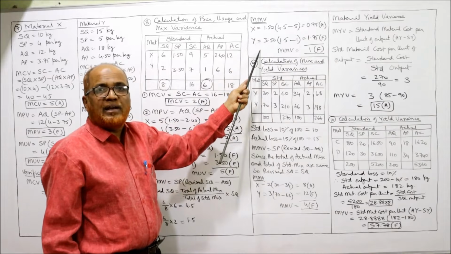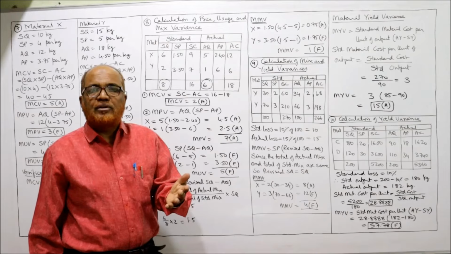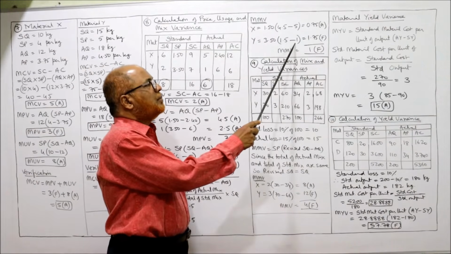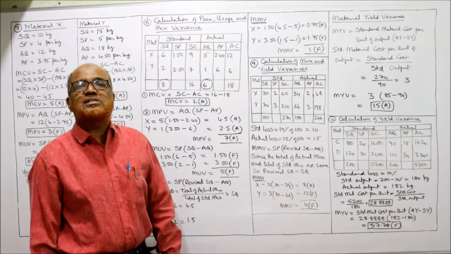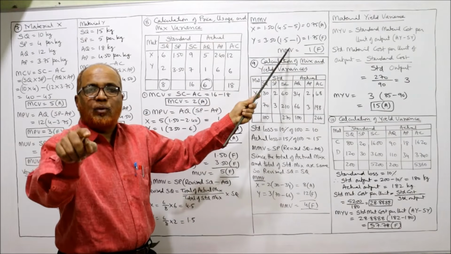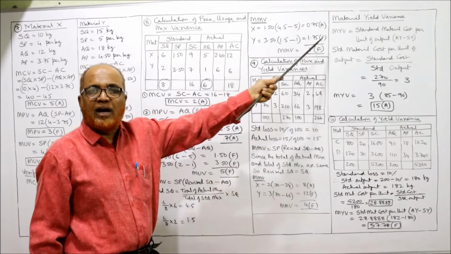Which is this? X. Now similarly Y. So 1.5 minus 1 is positive. Positive means favorable. So 1.5 minus 1 is 0.5. 0.5 into 3.5, 1.75. So 1.75 favorable. In bracket, if you get positive, favorable. In bracket, if you get negative, adverse.